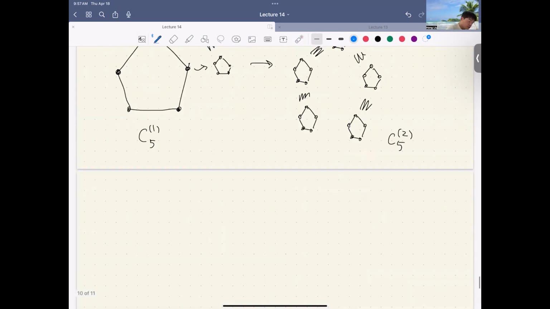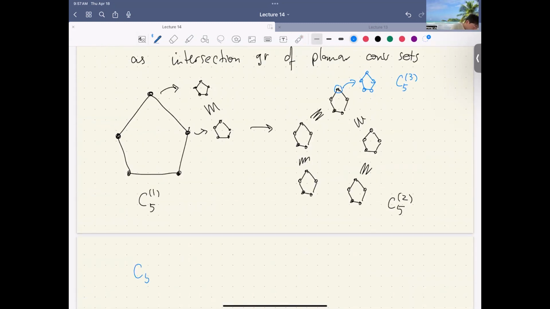Right? So let's look. For C5, let's say t-th blow up, the number of vertices is what? 5 to the t, no? Yeah, every time you multiply vertices by 5.